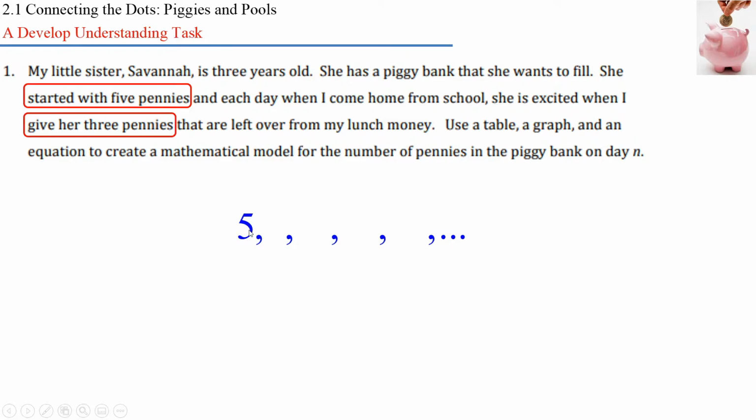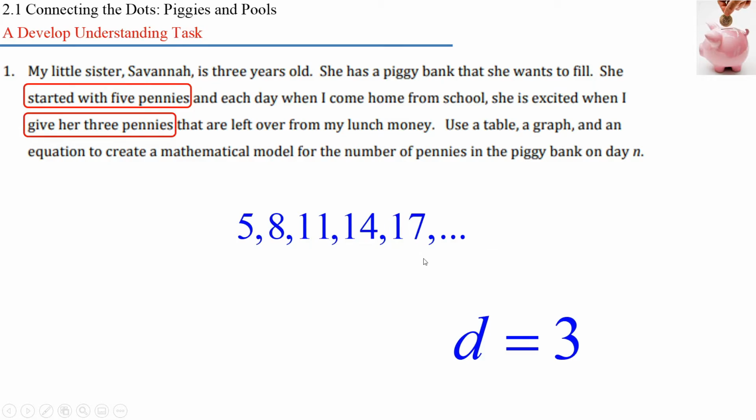So that means I'm going to be adding every time, and that's a common difference. So this is going to be an arithmetic sequence with a common difference of 3, and I'm adding 3 pennies. So that's going to make this an 8, 11, 14, 17, and so on.